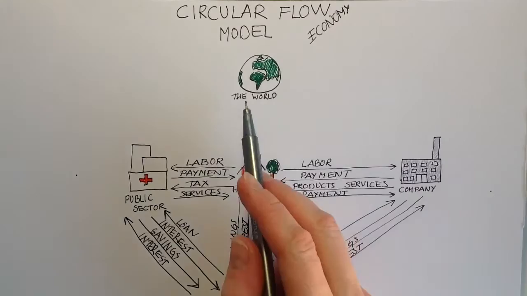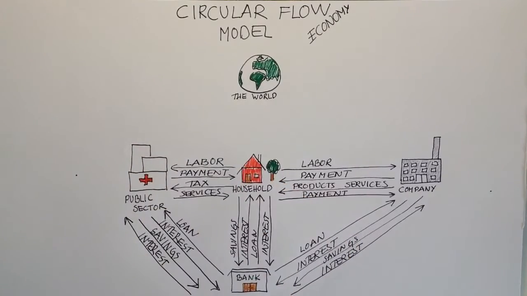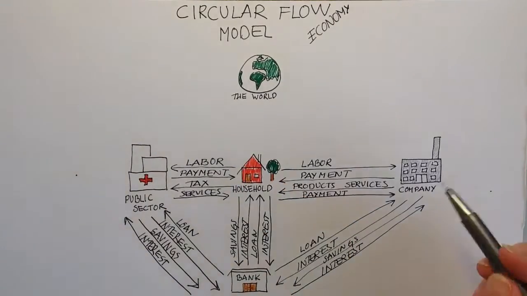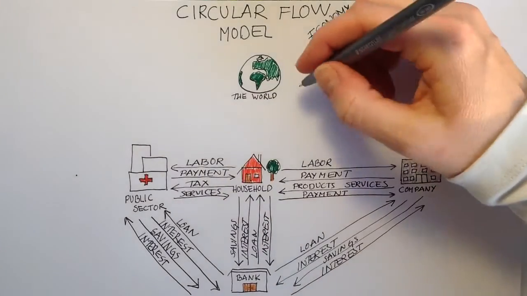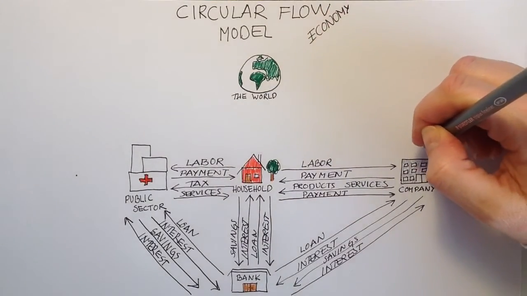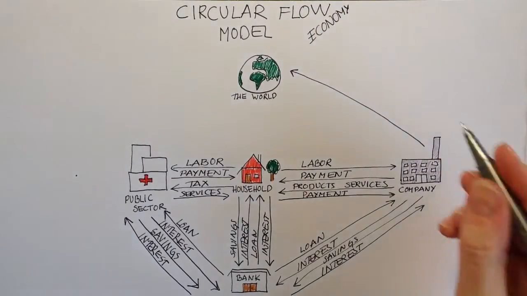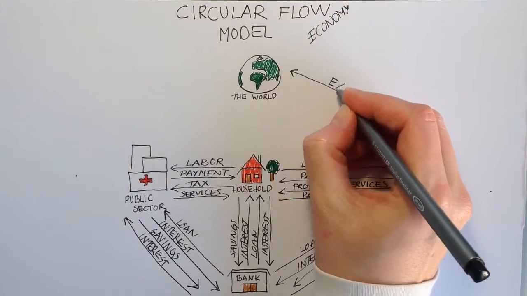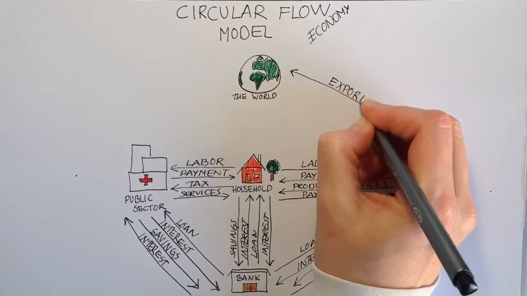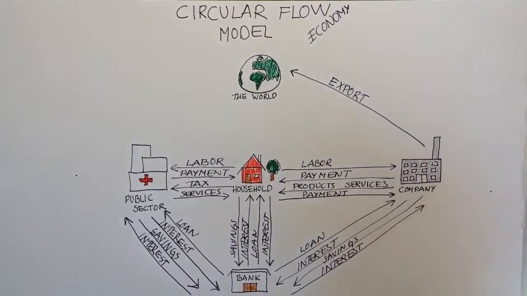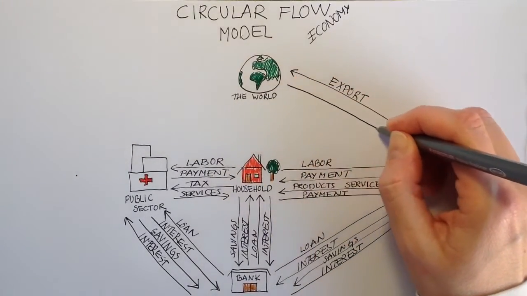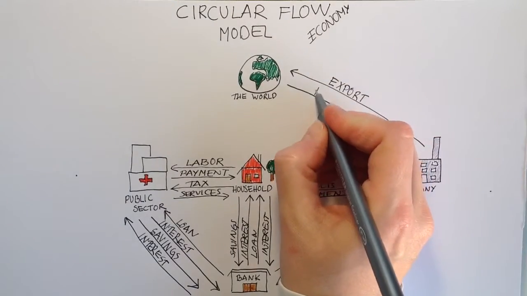But we also see that we have the world out here. And if we start with the companies and the world, we can see that sometimes the companies will send things out from Sweden out to other countries. That's called export. For that, the companies will get money, payment.